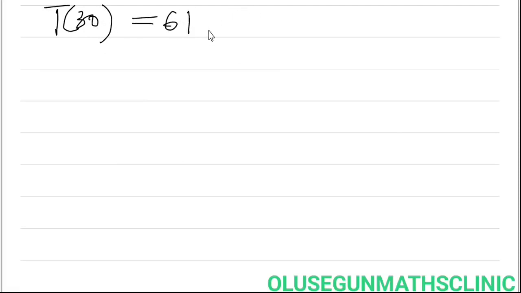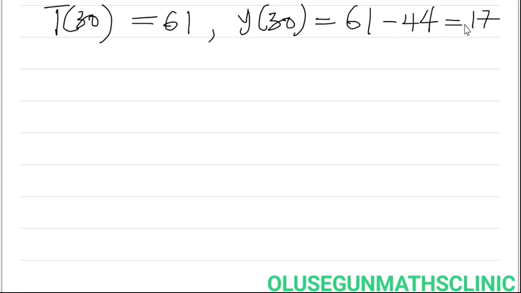But recall, we now need the change of variable: the original temperature minus the temperature of the surroundings, which gives us 17.